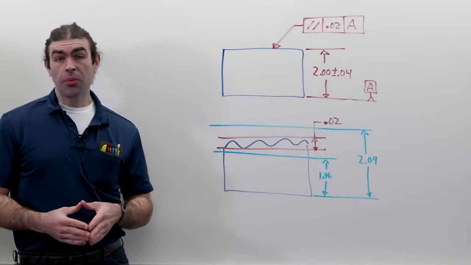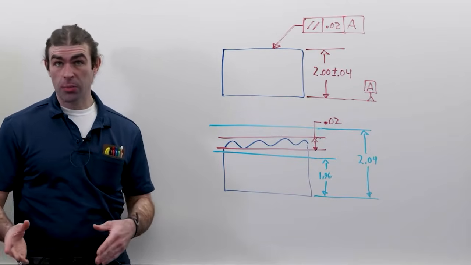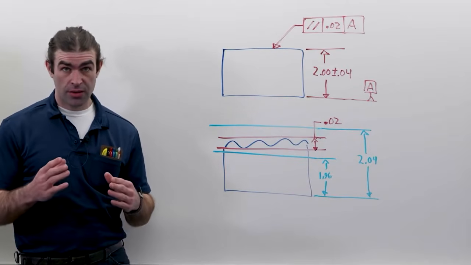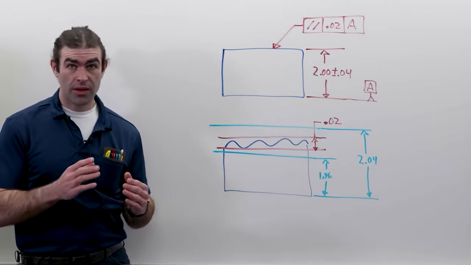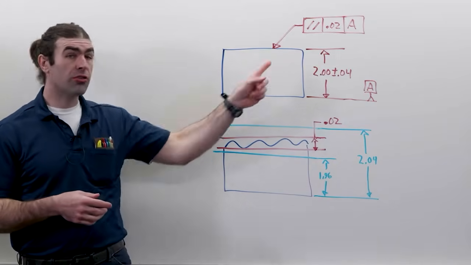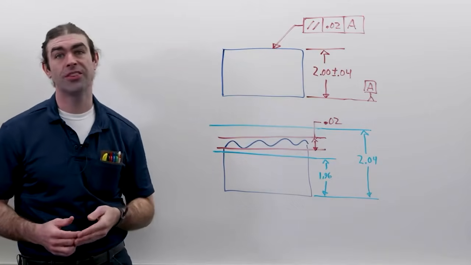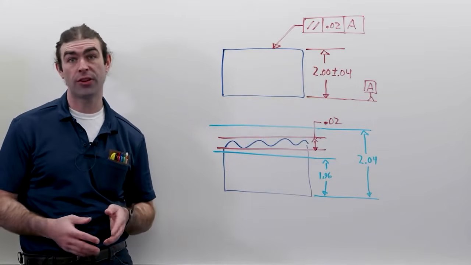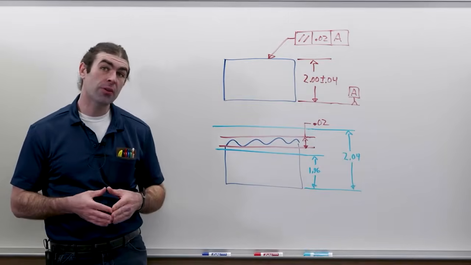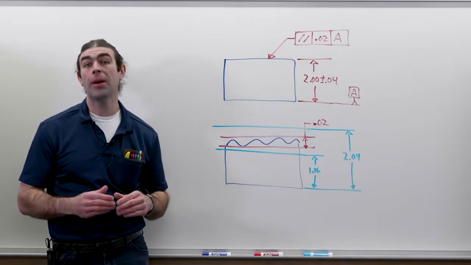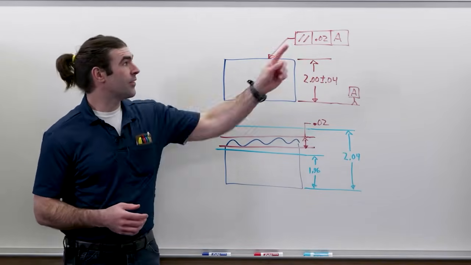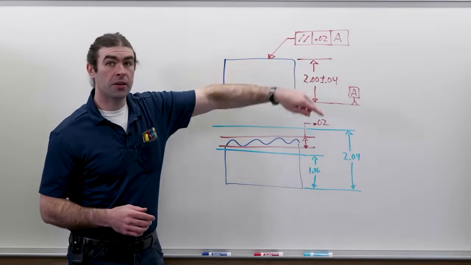Parallelism applied to a surface must be done with either the feature control frame pointed with a leader like shown, or attached to an extension line that goes to that surface. The tolerance zone for this is 2 parallel planes, the distance apart being this number right here.